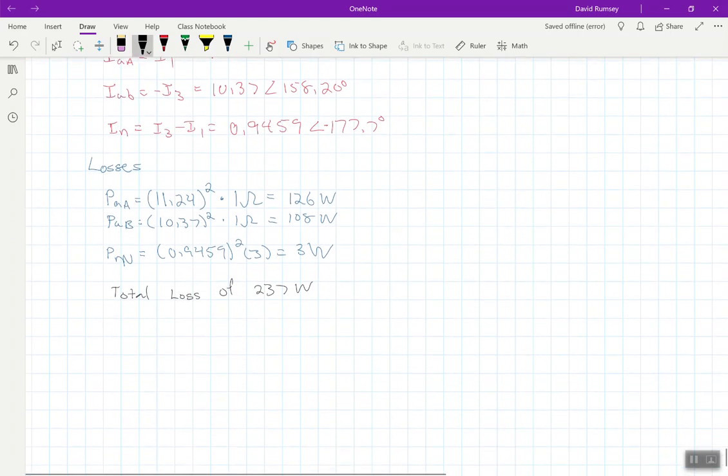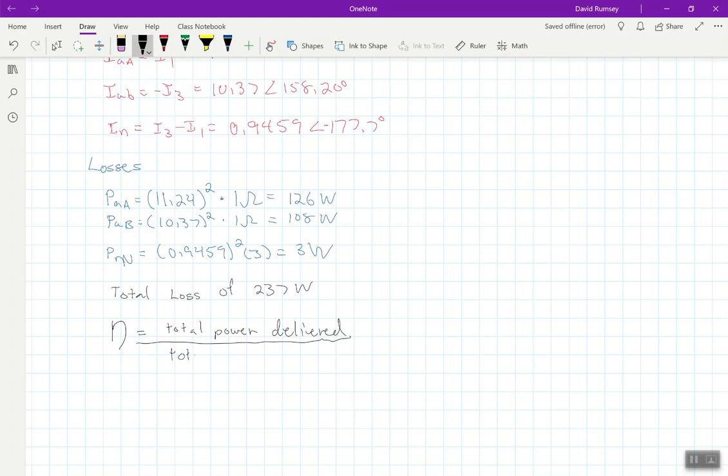Now, if you're wanting to talk about the efficiency here, which is this weird Greek letter that almost looks like an N, it's the total power delivered over the total power generated.